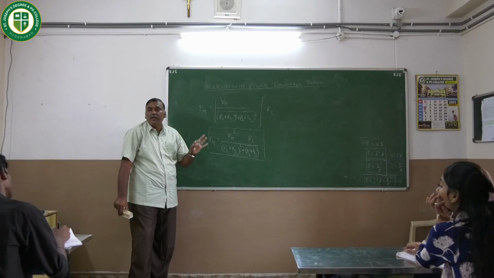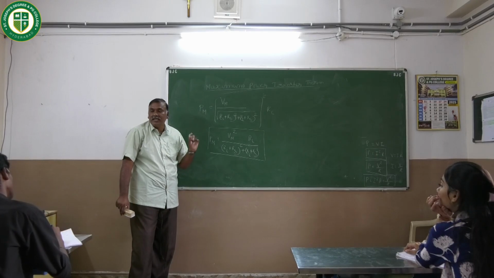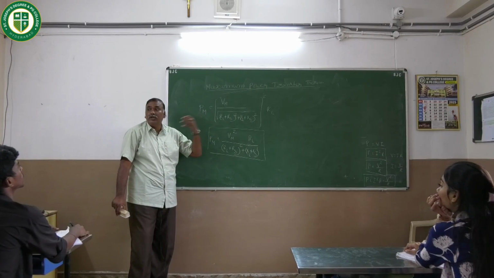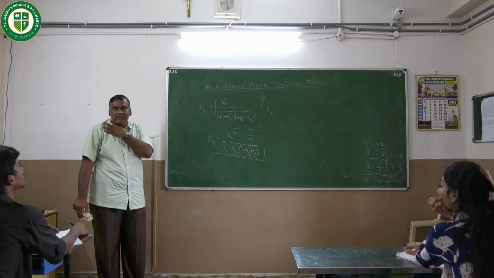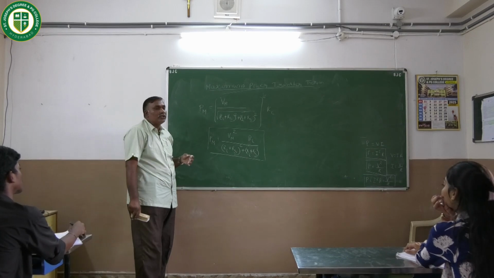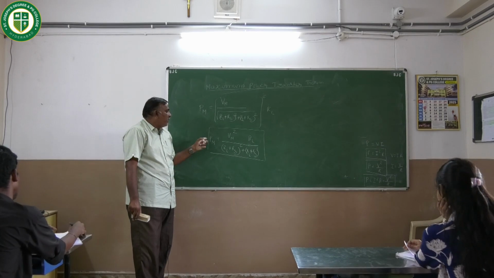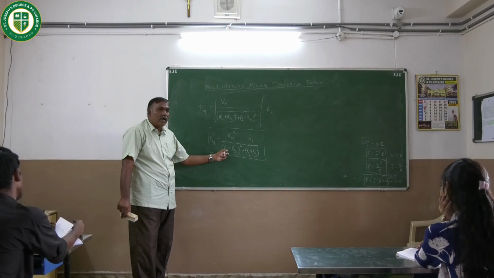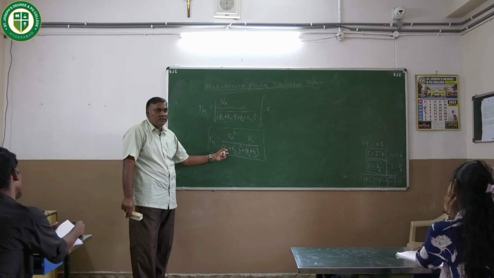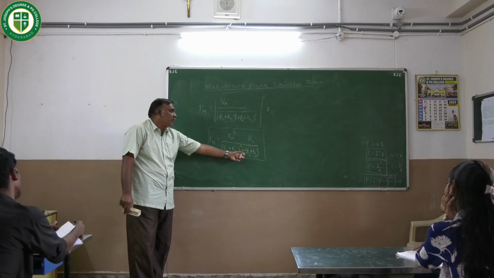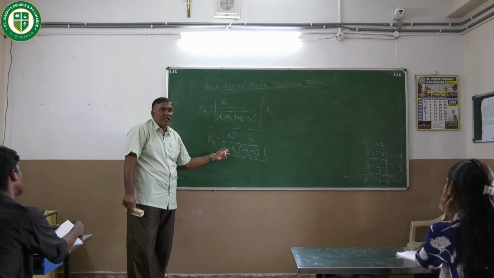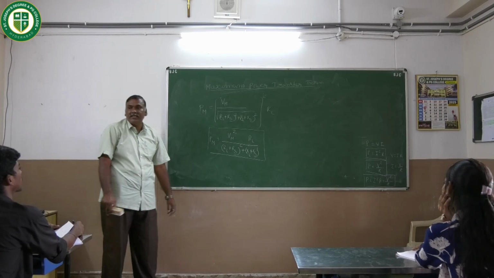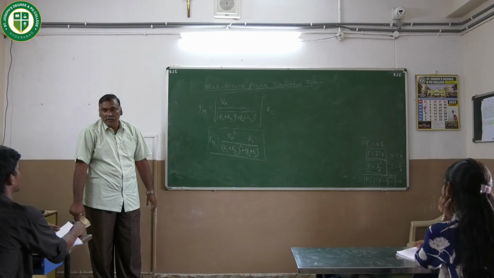Now I want to obtain a condition. What is the condition? ZL is equal to ZS star. That can be obtained by differentiating this equation twice, one with respect to RL, another with respect to XL. Clear?